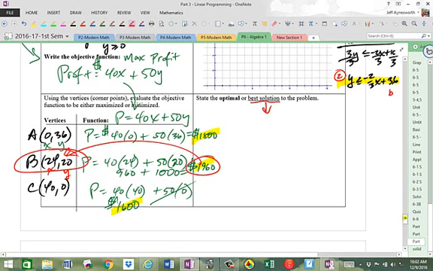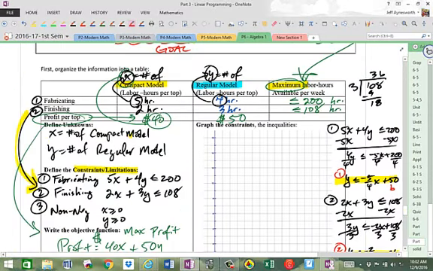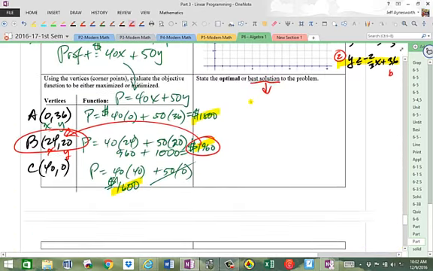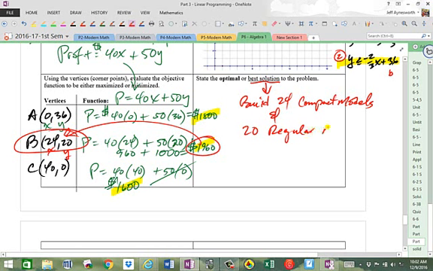So we need to build 24 compact models and 20 regular models to maximize profit, which in this case turns out to be 1,960 bucks.